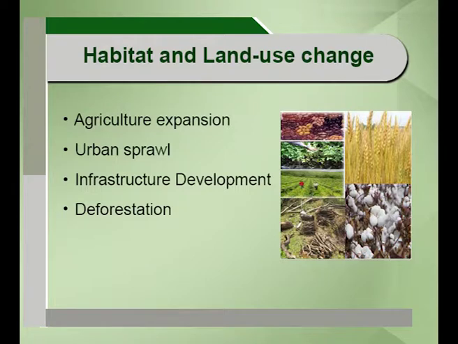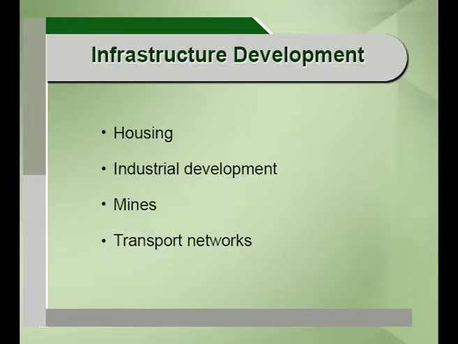The next driver of habitat and land use change is infrastructure development. Infrastructure development leads to the construction of housing, industrial developments, mines, transport networks, dams, reservoirs, oil pipes, natural gas pipes and many other development activities leading to the loss of biodiversity on this earth. The effect of infrastructure development is directly on wildlife.